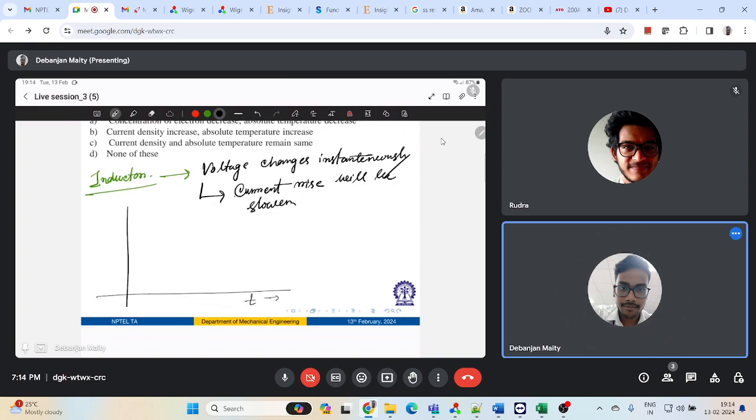If this is time and this is current, and let's say my pulse mode is something like this, there are different regions over here.